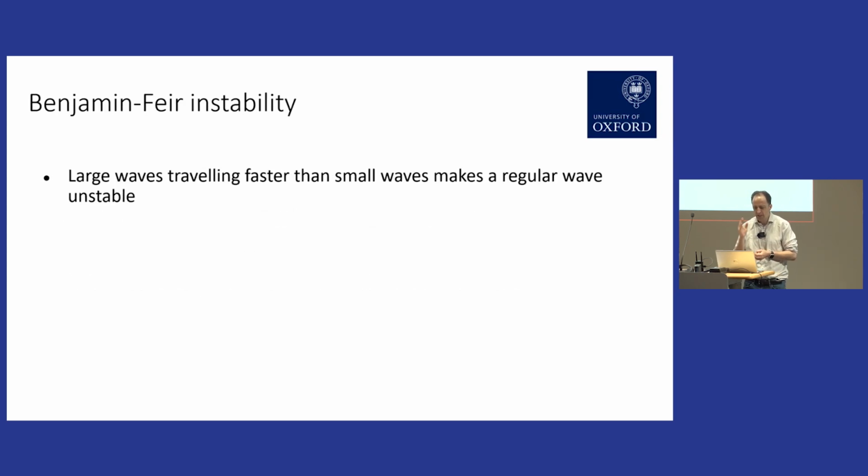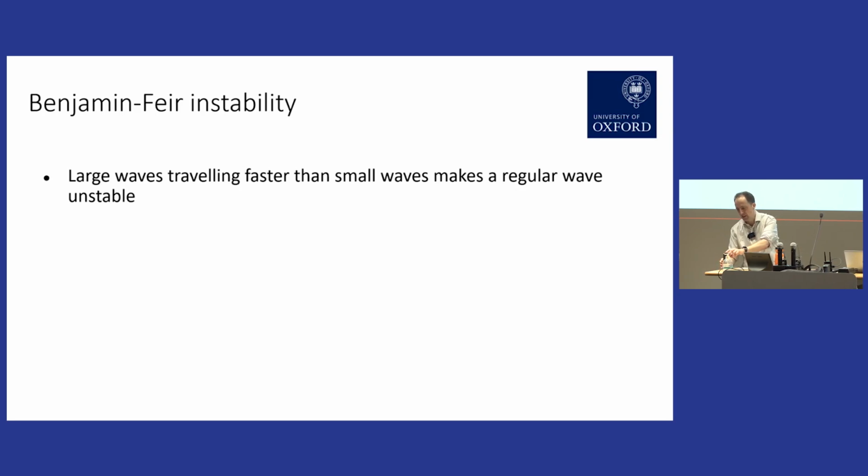So this brings us on to the famous Benjamin Feir instability, which is essentially an instability associated with regular waves. So this is to some extent an instability in the same sense that if I try and stand my iPhone on its end, that should be something that I could get to balance perfectly.